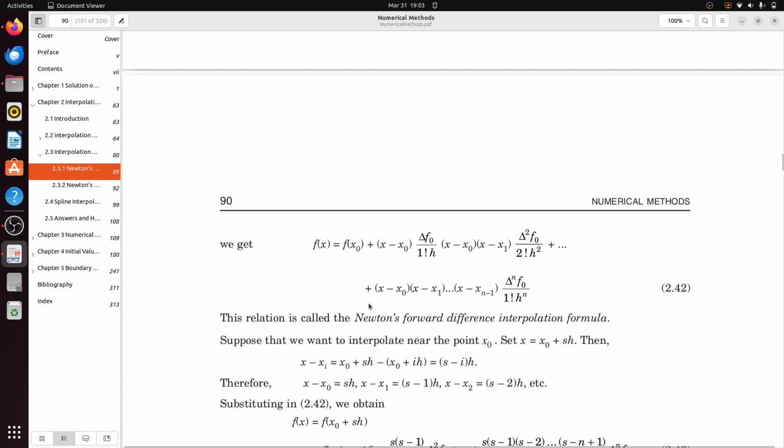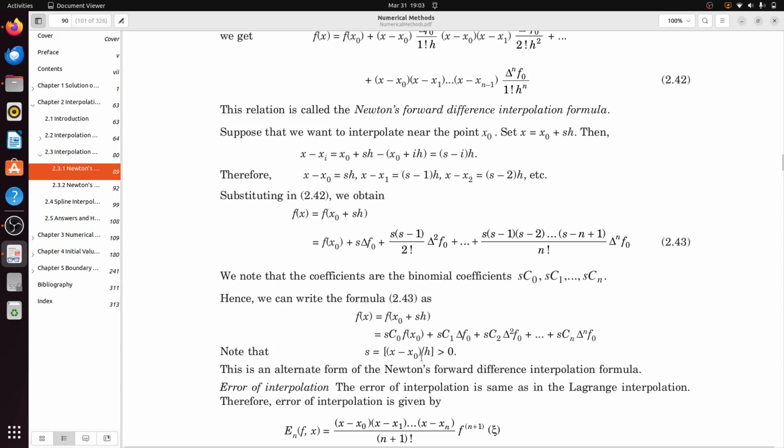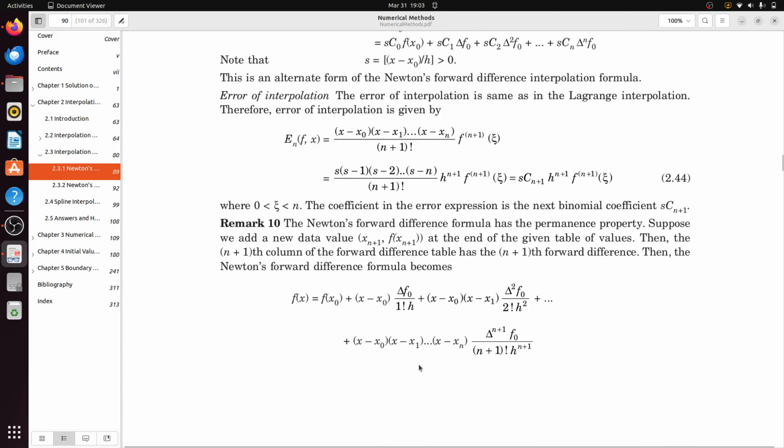If there are n data points, you can construct (x minus x0)(x minus x1) and so on up to (x minus x(n minus 1)) delta n f0 by factorial. Once again there is a mistake: that will be n minus 1 factorial into h to the power n. This is our actual Newton's forward difference interpolation formula.